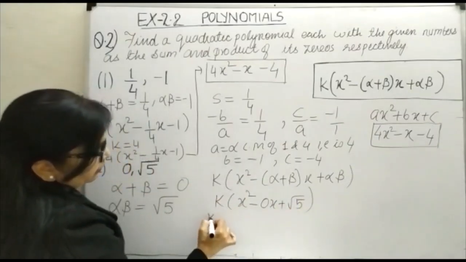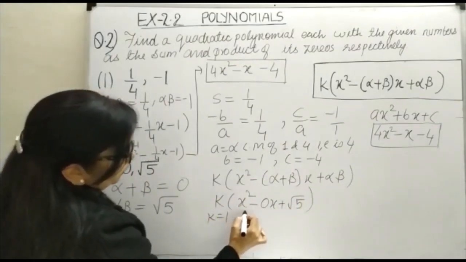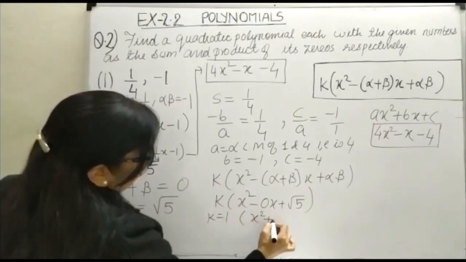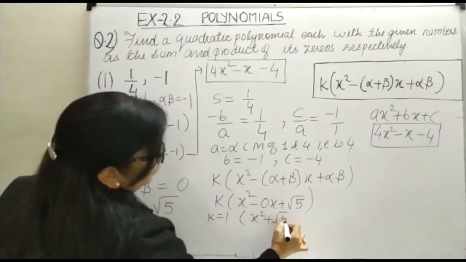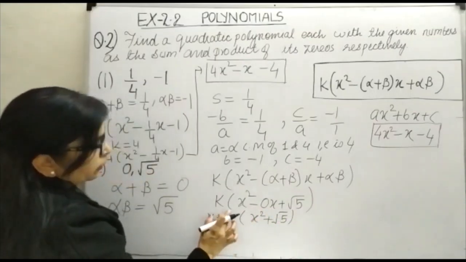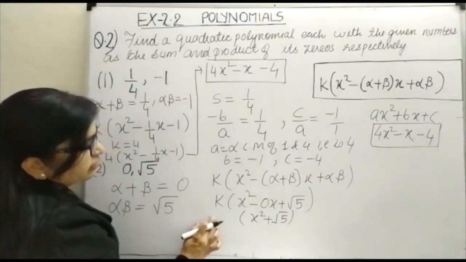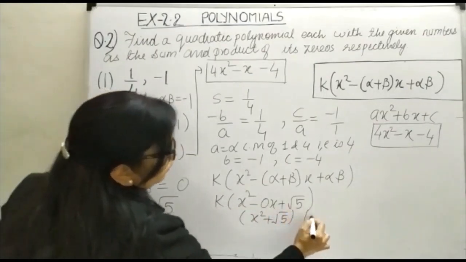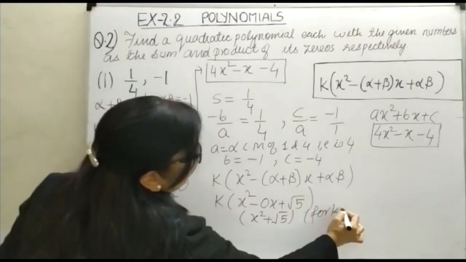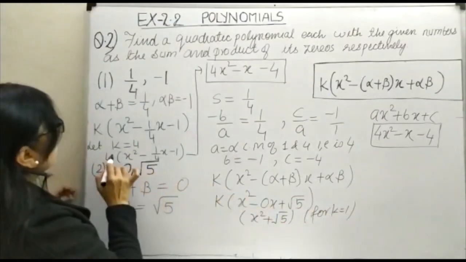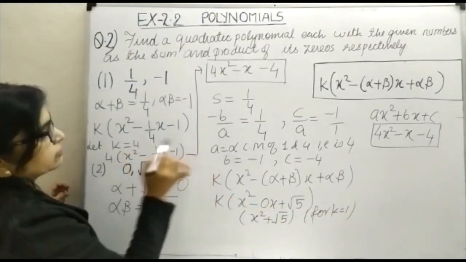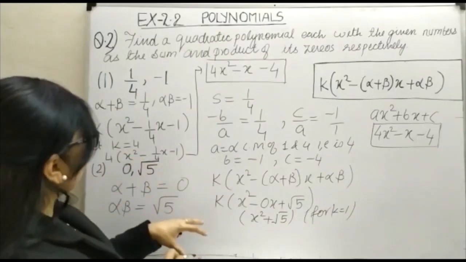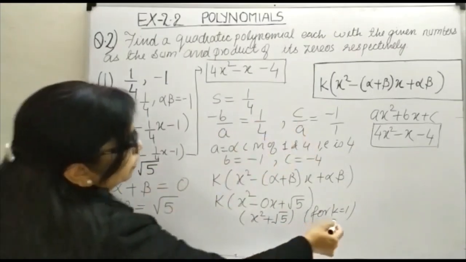You can take k is equal to 1, and so it becomes x square plus under root 5. Or you can directly write it like this, and here you can mention that it is for k is equal to 1, and the same thing you can do as when you took k is equal to 4. You can get the same thing by this formula also.